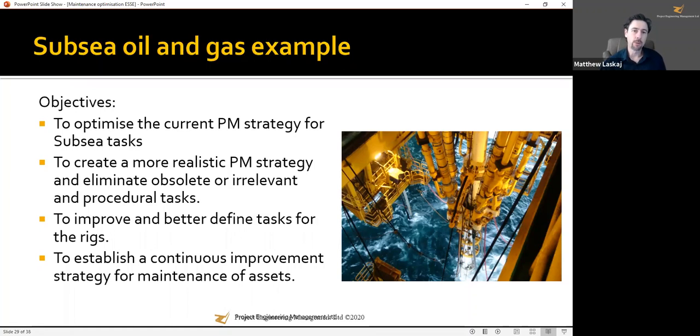So here's an example, a case study of using this process for subsea oil and gas, because you're obviously all here for the Egyptian Subsea Society. So you want to care about what your industry is, right? I've done this process in quite a few different industries myself, using a combination of the full RCM and also slightly reduced, less man-hour related tasks.